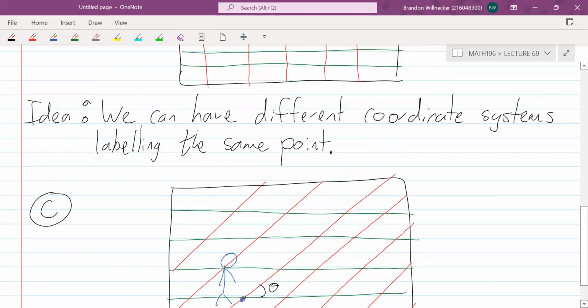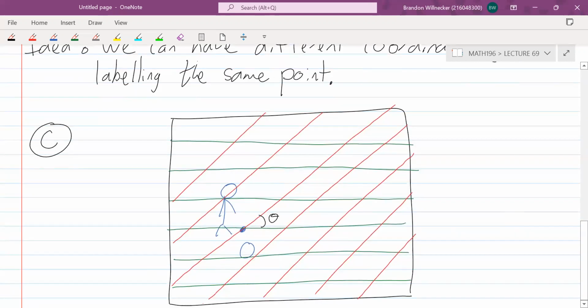Okay, so now the angle between them has changed, this angle theta. Before, the angle was 90 for system B and system A, but now it's a different angle. And of course, we could still label the points. There's no problem with that. If we wanted to label this point over here, how would we do that? Well, how do we get to that point? We need to walk across 1 unit to get to this line, and then we walk up this amount here. And that labels the point as 1, 2.